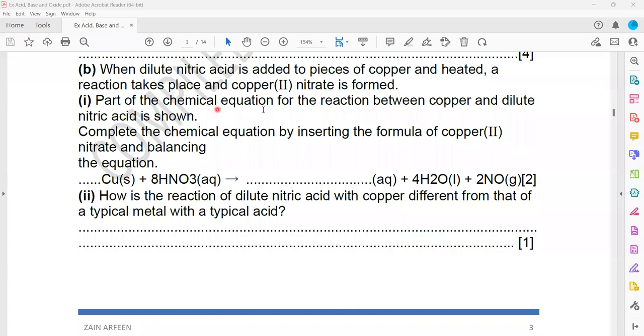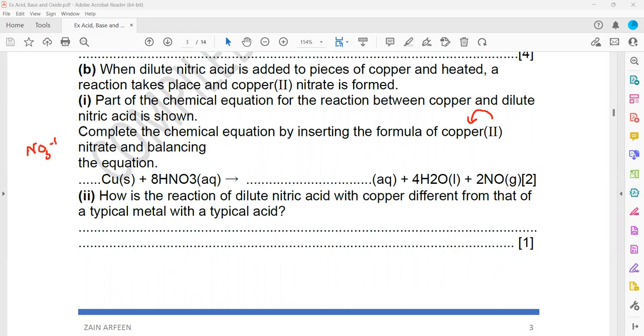Part of a chemical equation for the reaction between copper and nitric acid is shown. Complete the chemical equation by inserting a formula for copper 2 nitrate. First, what should be the formula of copper 2 nitrate? The valency of copper is +2 and nitrate is a molecular ion with a valency of -1.